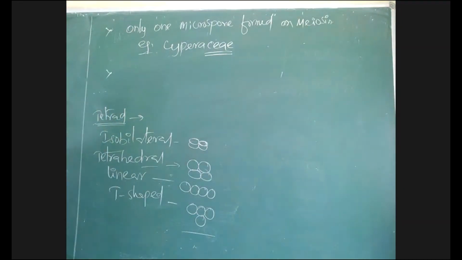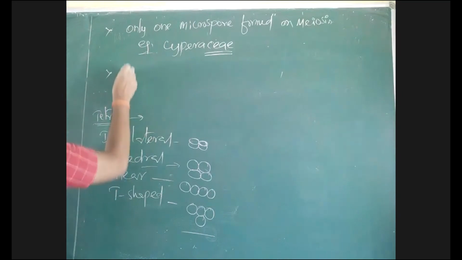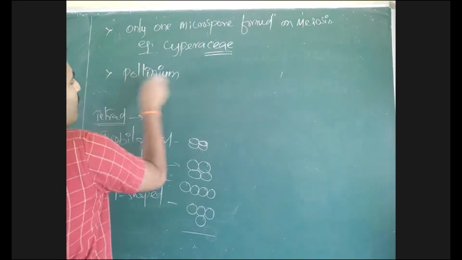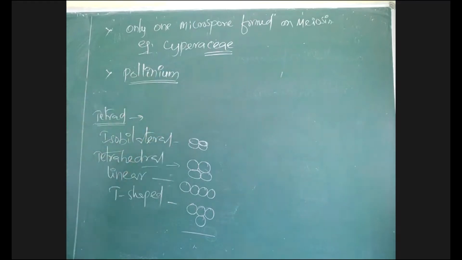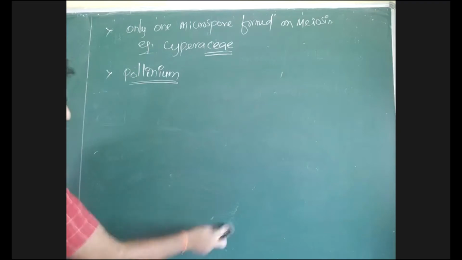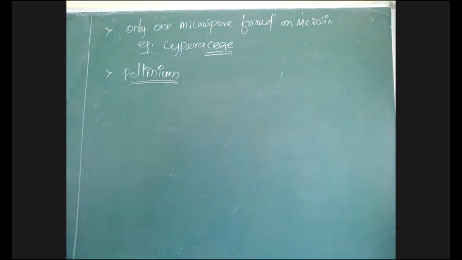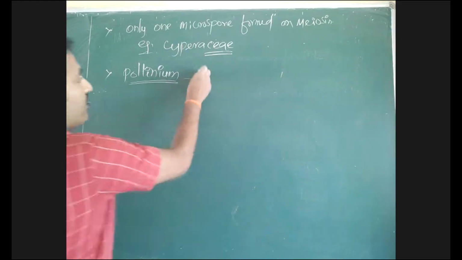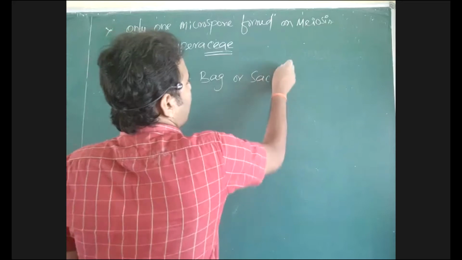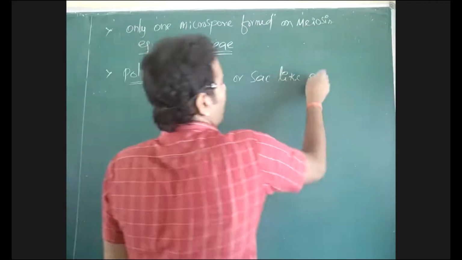Then, in some plants, pollen grains are formed as a pollinium. What is pollinium? Pollinium is a bag or sac-like structure of pollen grains.